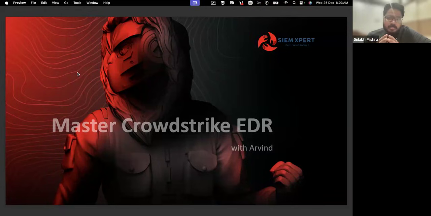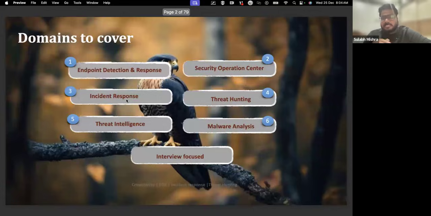We made this workshop to help you figure out the initial steps of CrowdStrike Falcon as an EDR, and then how you excel yourself from the basics all the way to the advanced. That is our intention in creating this workshop. With that being said, I would like to quickly take you through our agenda.